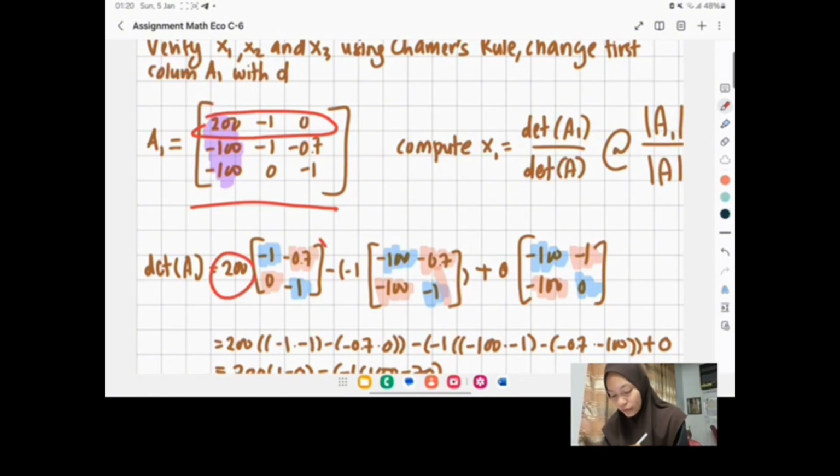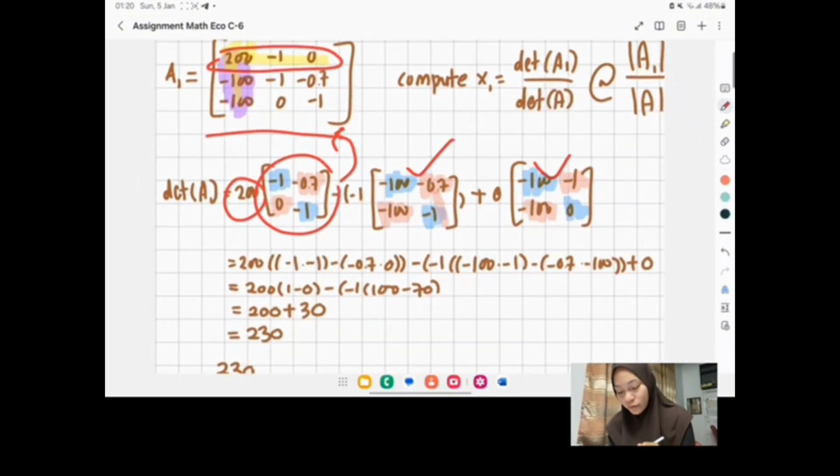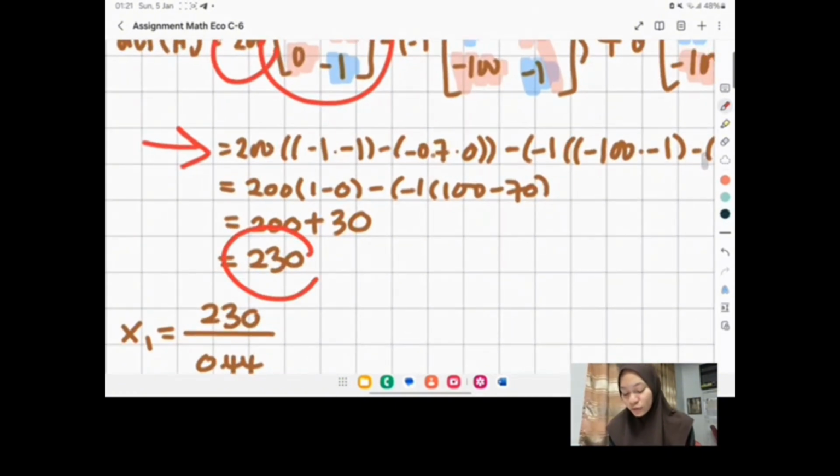And how to find this, just take the numbers that are not covered. Okay, the numbers not covered are negative 1, negative 0.7, 0 and negative 1. Okay, and same for this element, you have to calculate to get the number, and you just use a calculator to make it easy and get the faster answer. And the answer is 230.